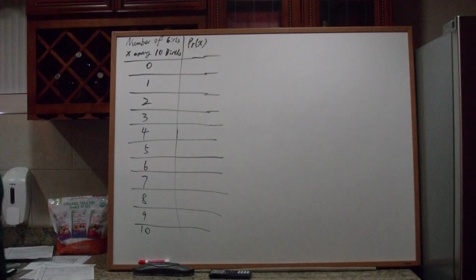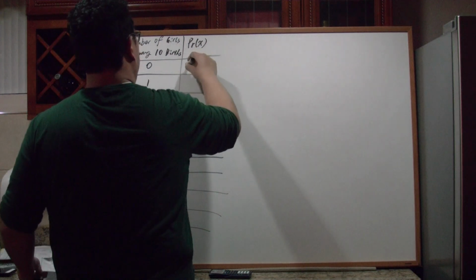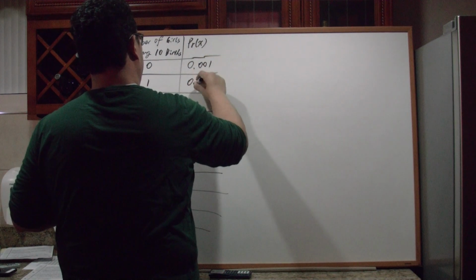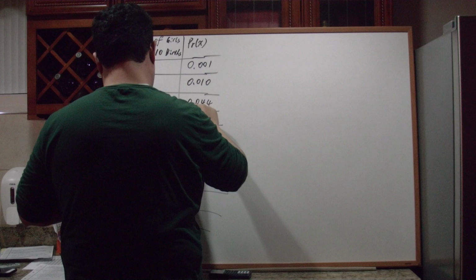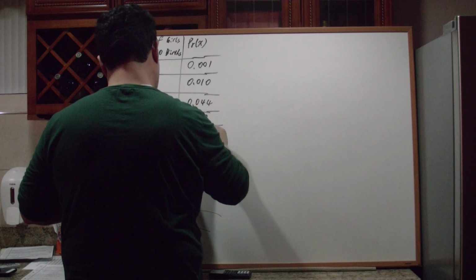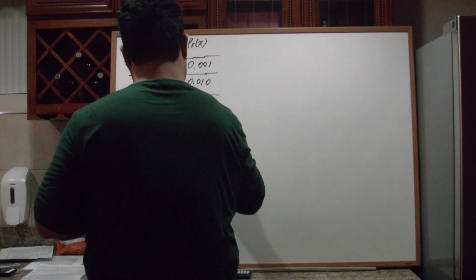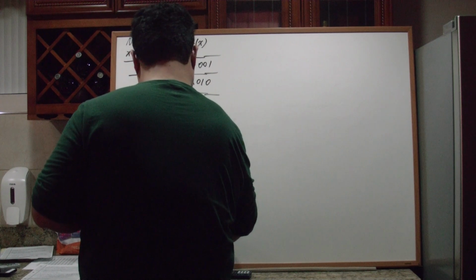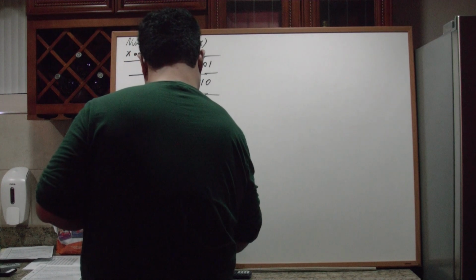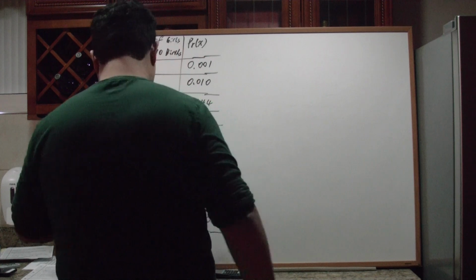It could be 0, could be 1, could be 2, all the way to 10 girls.